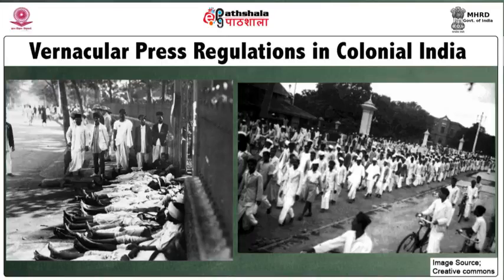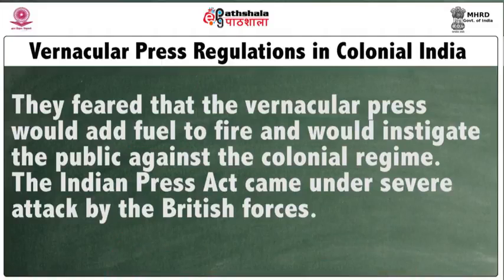The colonial government gave full authority to officials to take stringent actions against any individual or press involved in covering and disseminating information about the movement. They feared that the vernacular press would add fuel to fire and would instigate the public against the colonial regime. The Indian press came under severe attack by the British forces.